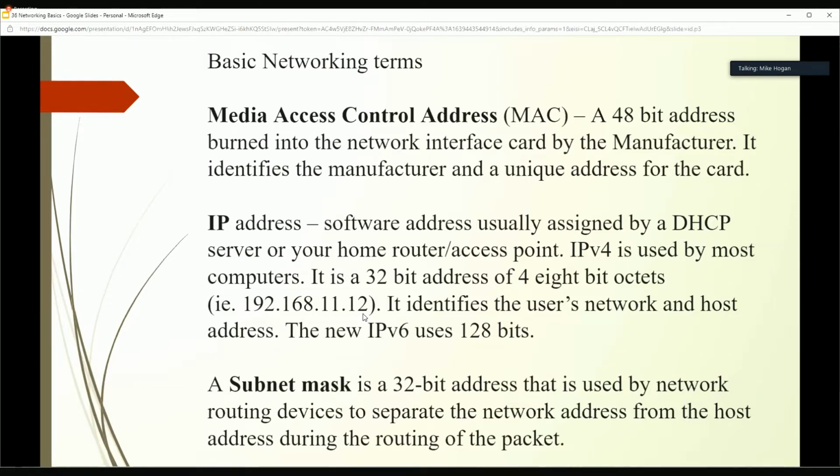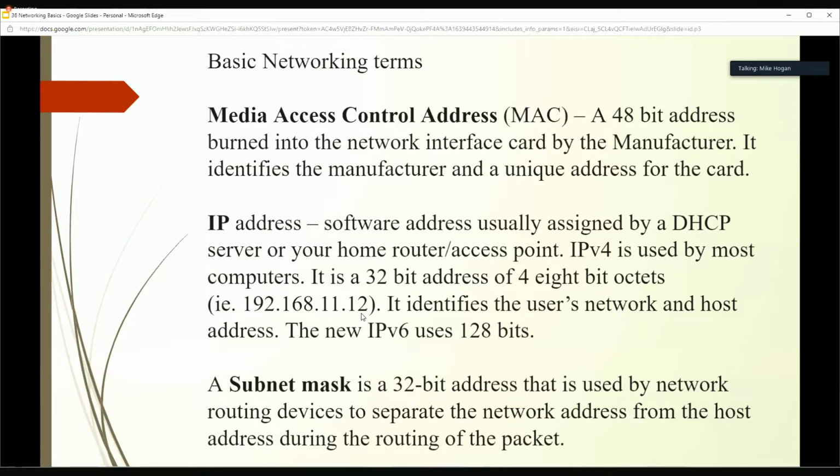For example, this 192.168.11.12, what we're going to find out is typically, because of the range of this address, the first 3 octets are going to represent the network. This last octet is going to represent the host. And so that would mean that if we change this to 192.168.11.13, that is another host on the same 192.168.11 network.